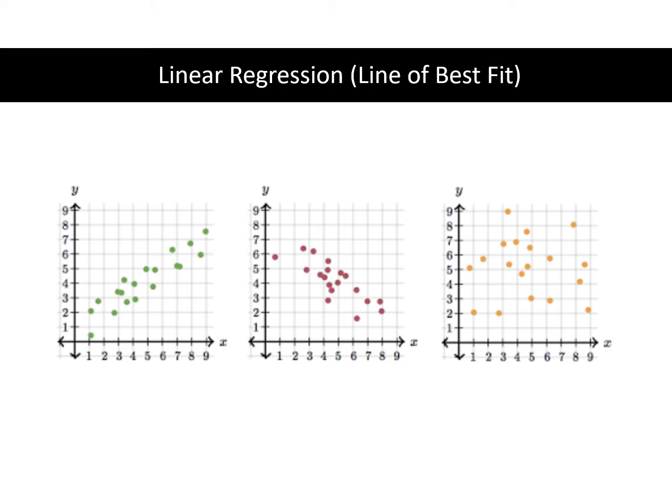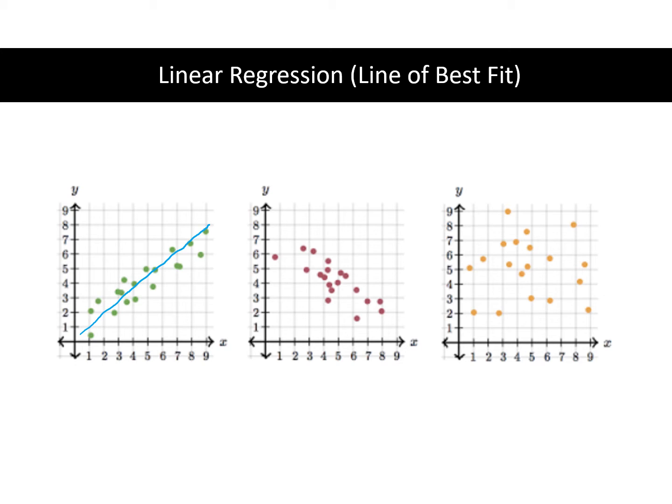So you may remember this slide from last week. We had these 3 different scatter plots, and we talked about what the line of best fit would look like. I'm just going to briefly sketch these. For the first one in green, and again, not perfect, the line of best fit might look something like this.